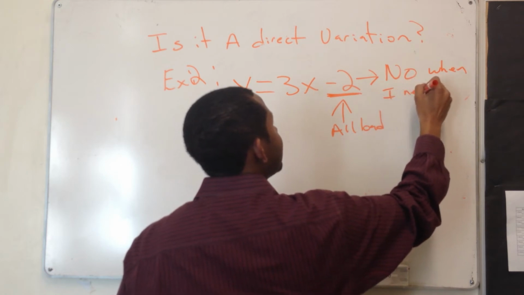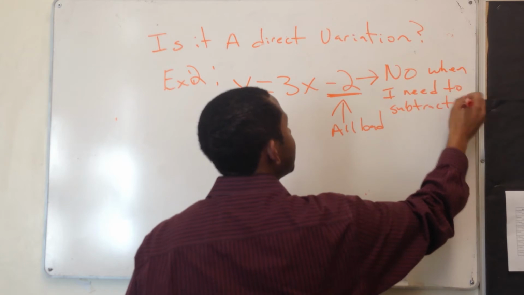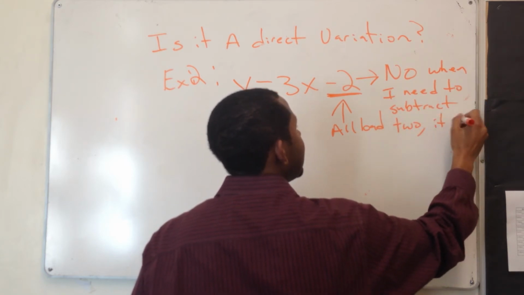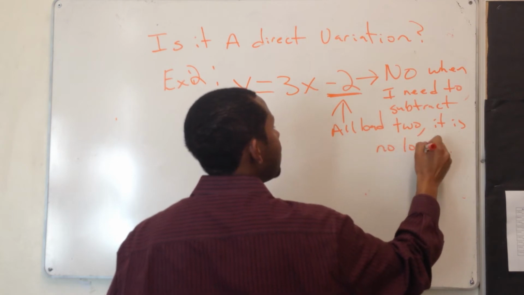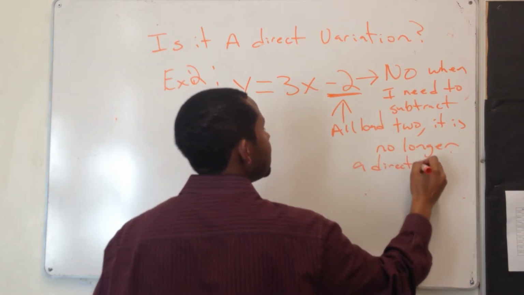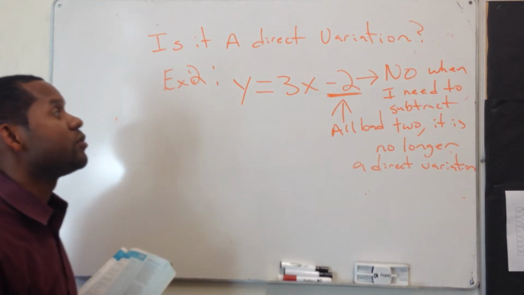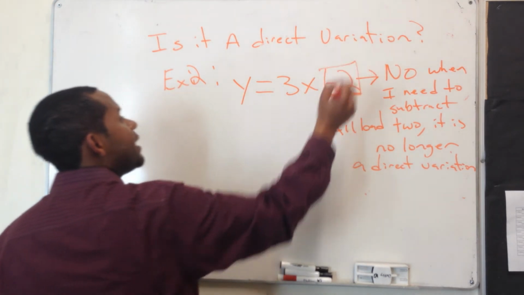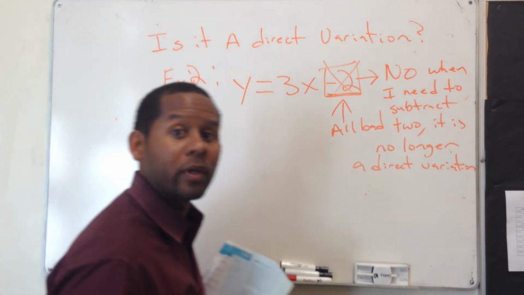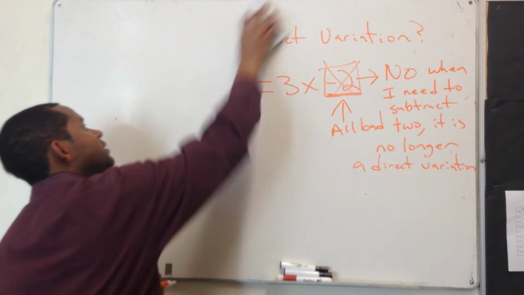When I need to subtract 2, it is no longer a direct variation. Okay? So no, this thing right here messes it all up. I don't like it. Don't want to do that. Okay? So that's not a direct variation.